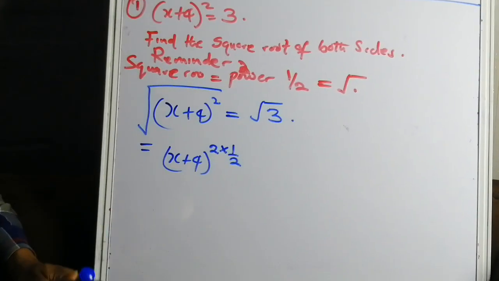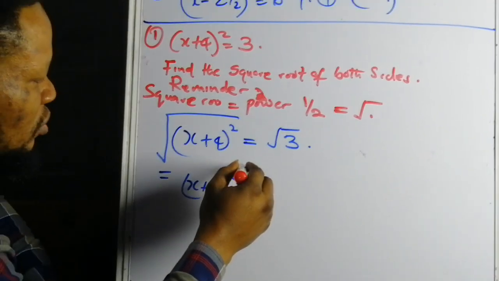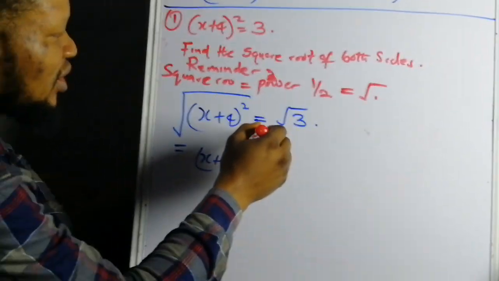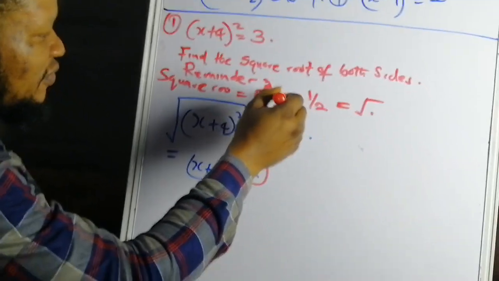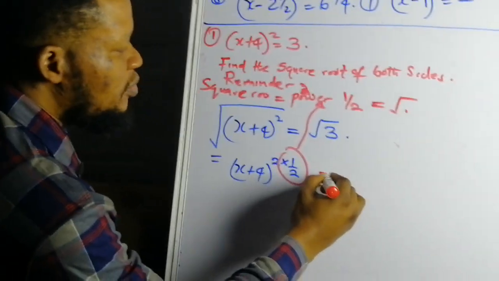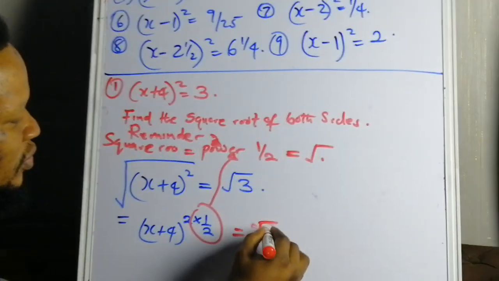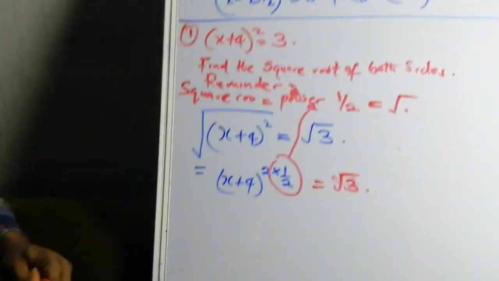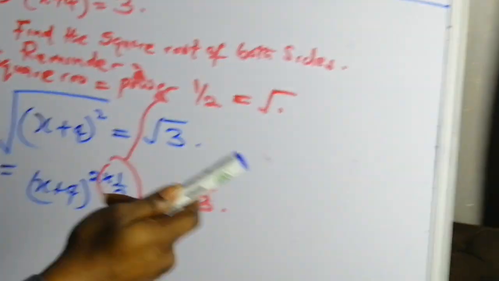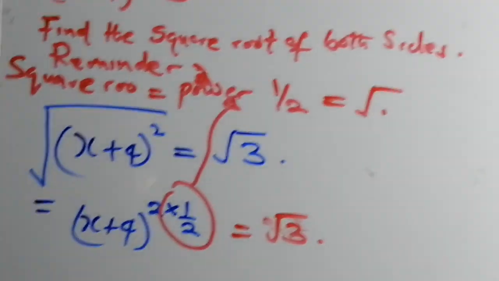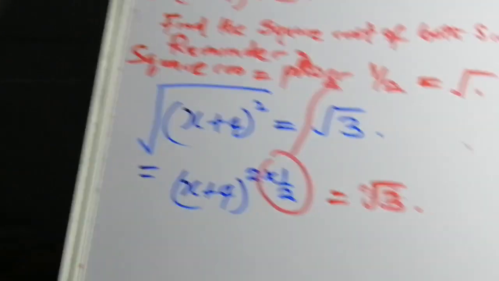So our target is to break it down into pieces. This is power half. Then it means this one will be square root of 3. So you can either change it to 3 raised to power half.